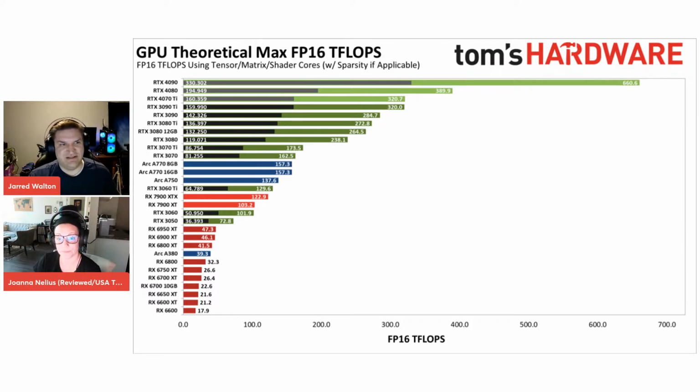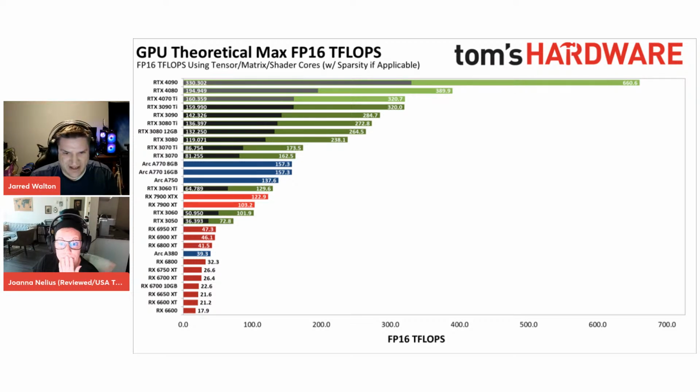And sparsity is basically like skip multiplications by zero is effectively what it means. Okay? With sparsity, the 4090 is getting 661 teraflops. Without it, it's 330. So go down to the 3070 Ti, and it's 174 teraflops with sparsity. Without sparsity, it's 88 teraflops.